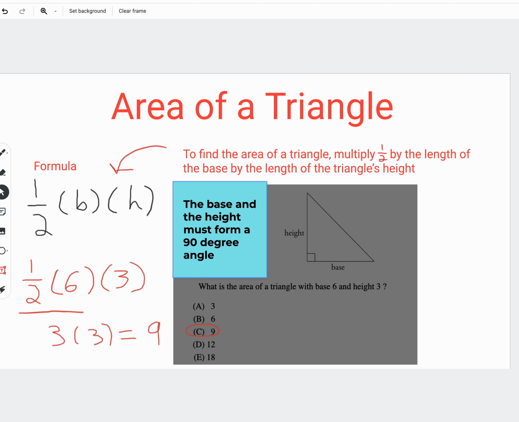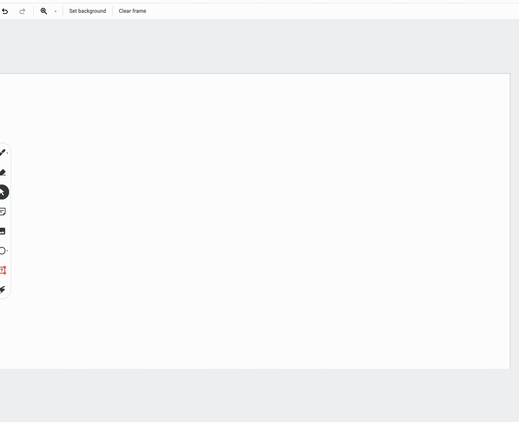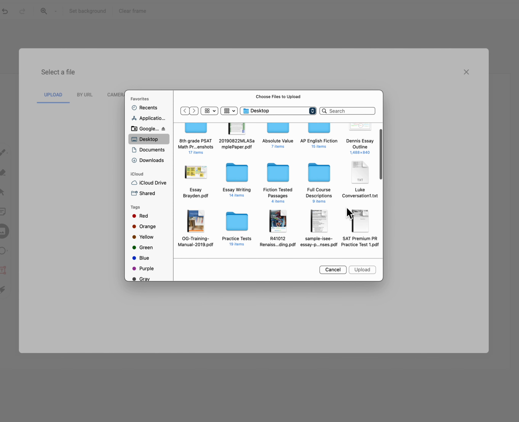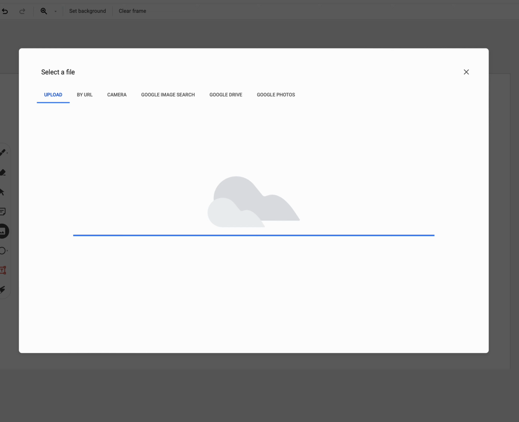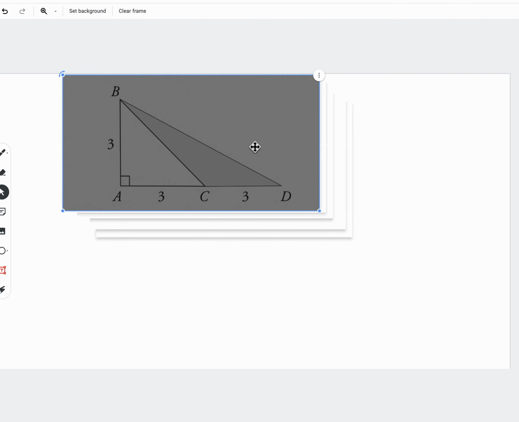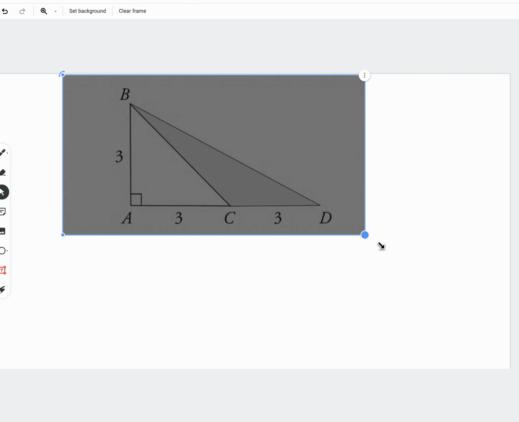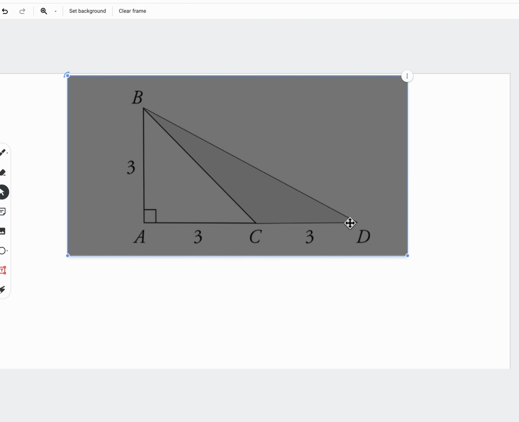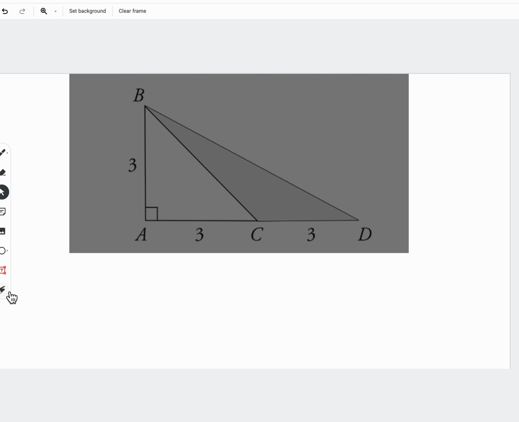Now let's take a look at a unique figure. Here we have a triangle that does not specifically state a right angle.